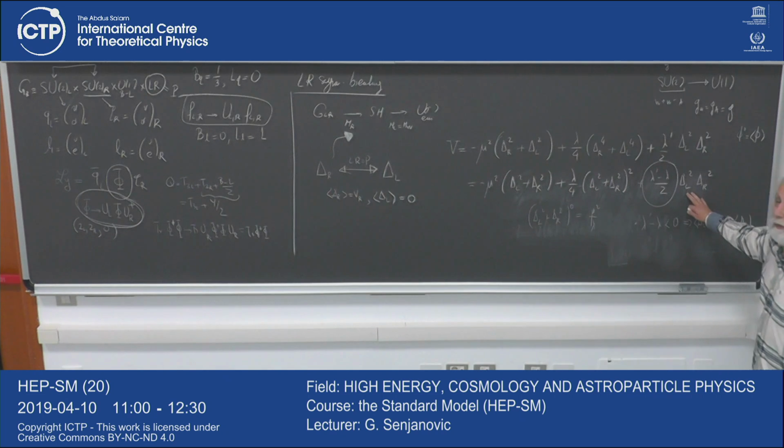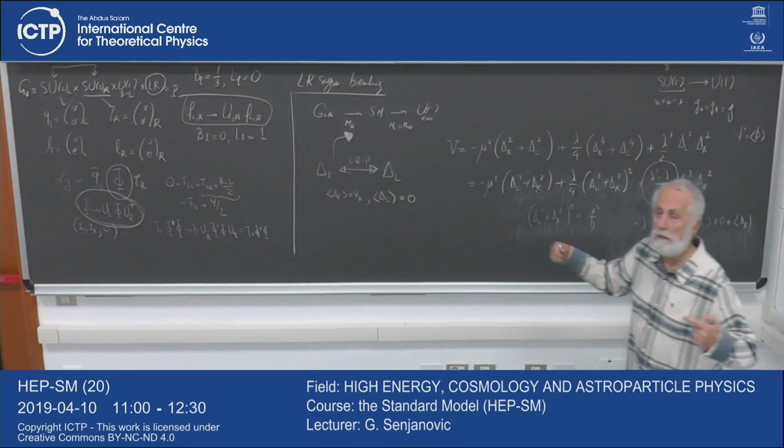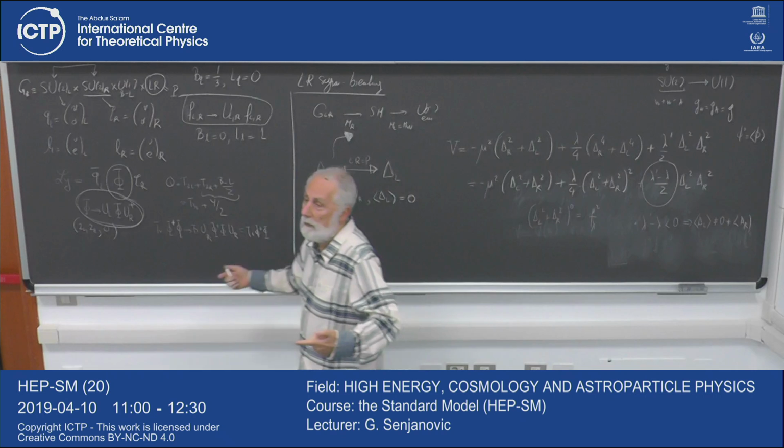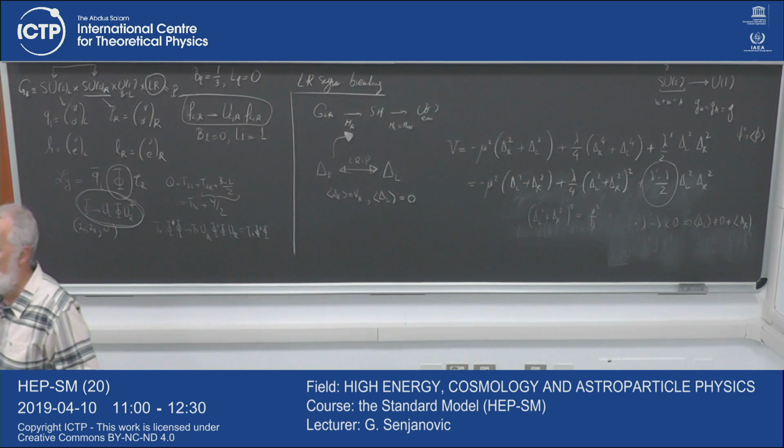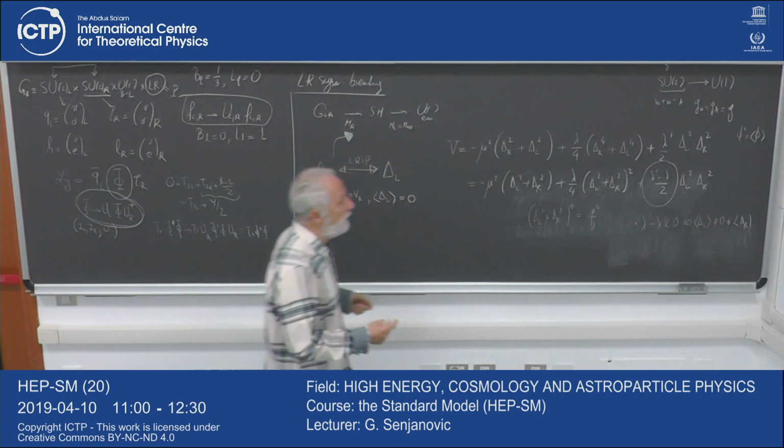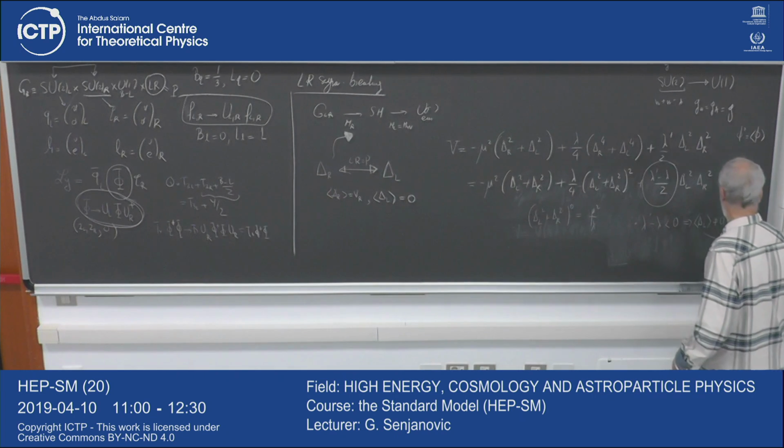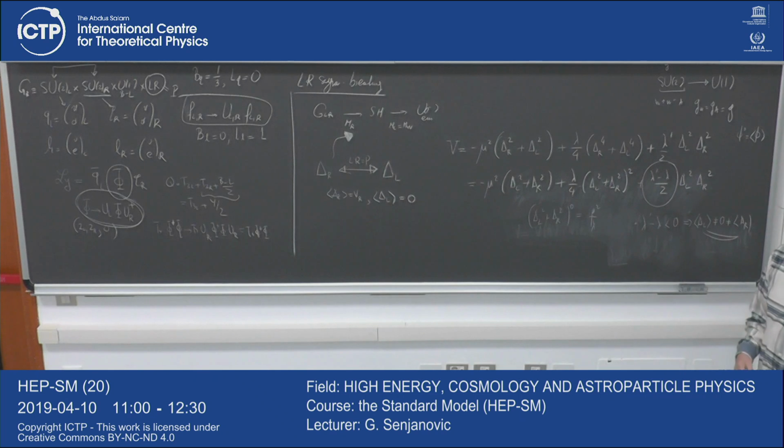You agree this must be non-vanishing in order to minimize energy. And it will be an easy exercise to see that they will be equal because everything is symmetric. You will have symmetric equations and they will give a symmetric solution. There is no way there will be a difference, okay? In this case, you will conclude actually that these two are equal. In this case, left-right symmetry would not be broken.